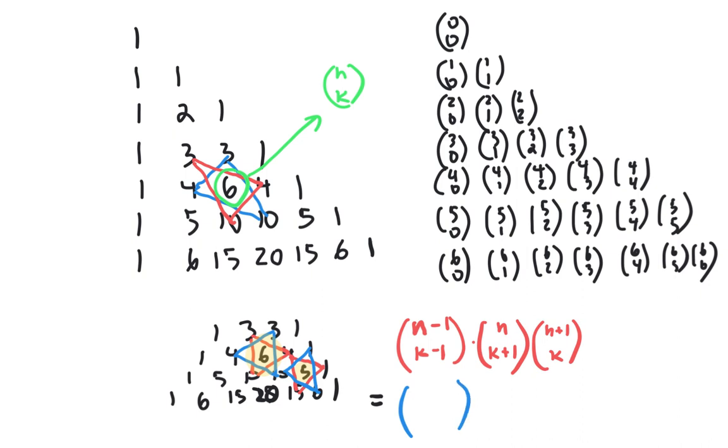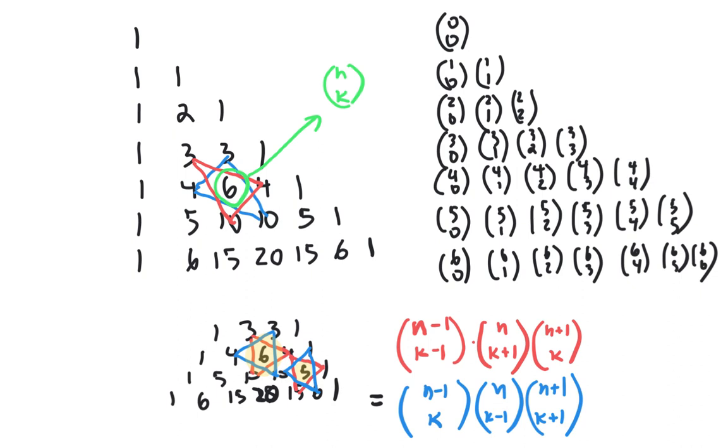So what do we have here? The one just above is n minus 1 choose k. The one directly to the left of the center is n choose k minus 1. And the one to the lower right is n plus 1 choose k plus 1. So that's what we want to show here.